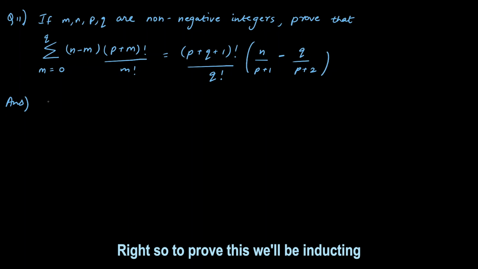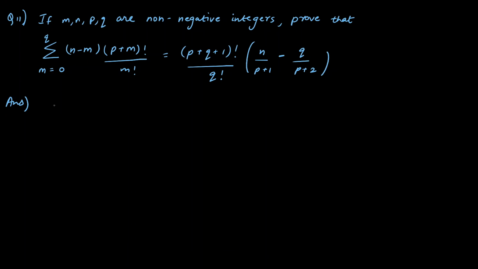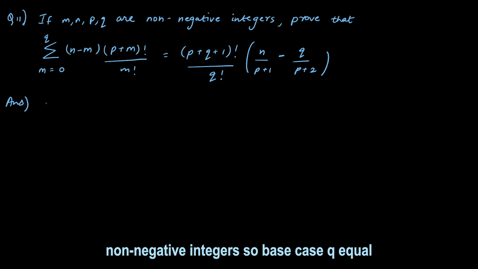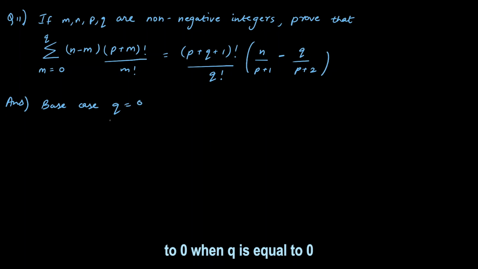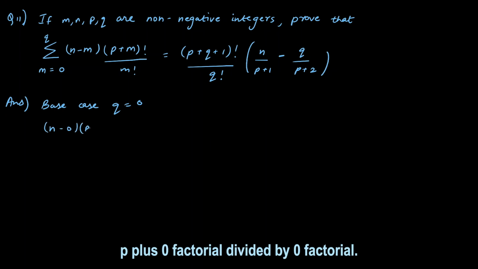So to prove this, we'll be inducting on q. We will take the base case as q equal to 0, since it has been mentioned that they are non-negative integers. So base case, q equal to 0. When q is equal to 0, we have only one term on the left-hand side, that is (n minus 0) into (p plus 0)! divided by 0!.